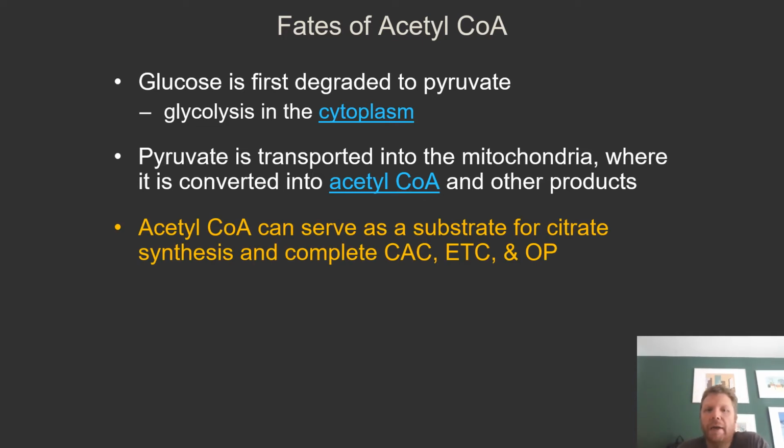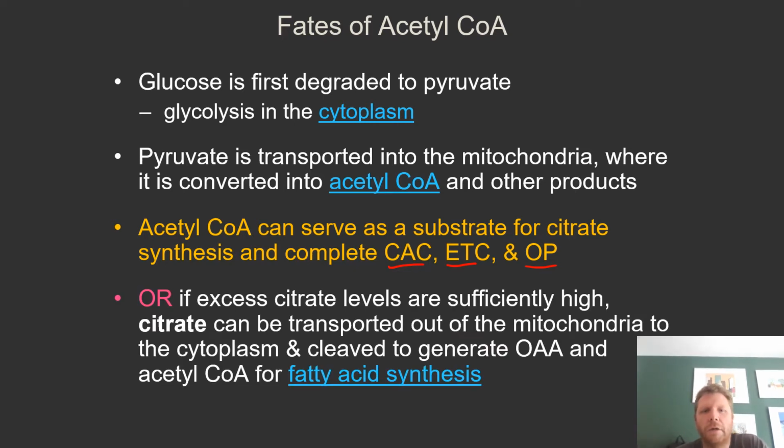Now, acetyl CoA can do a number of different things. It can serve as a substrate for citrate synthesis and complete the citric acid cycle, electron transport chain, and oxidative phosphorylation. So you can take an acetyl CoA molecule and basically rip it to shreds and get a bunch of ATP out of it.